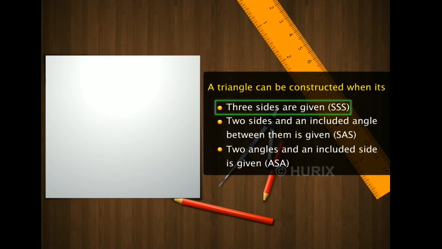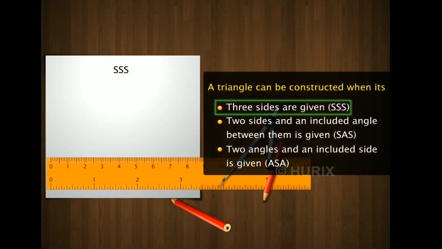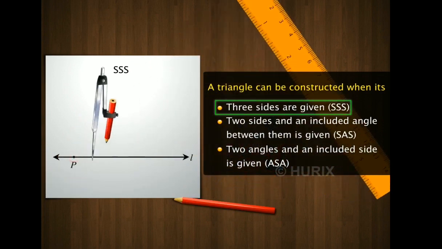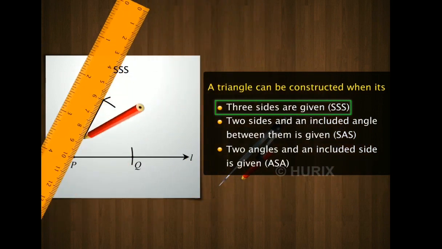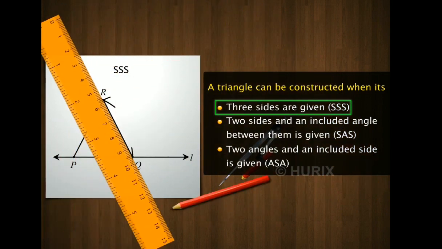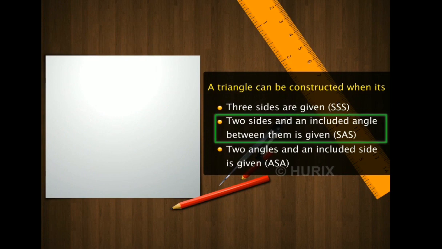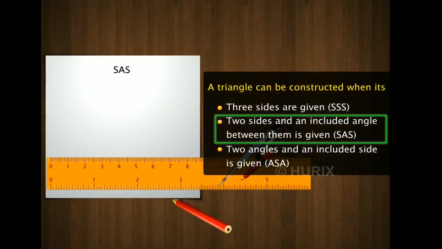You learnt that a triangle can be constructed when its three sides are given. Or two sides and an included angle between them is given.